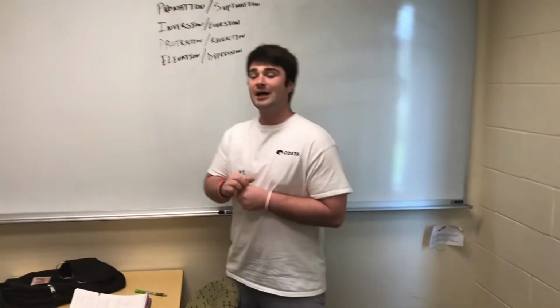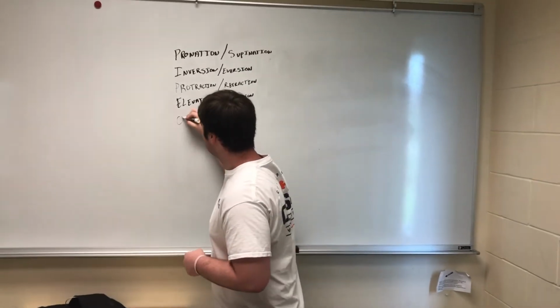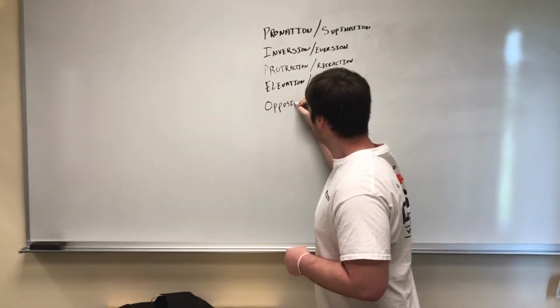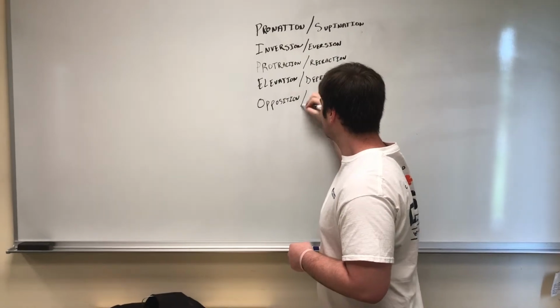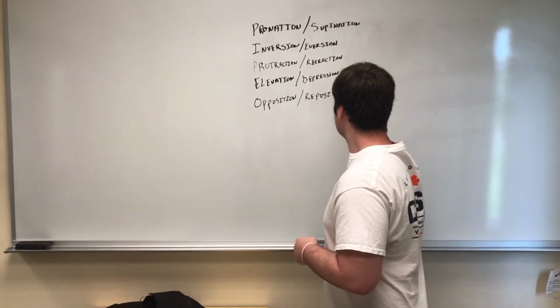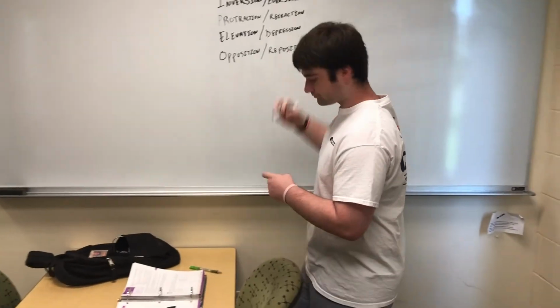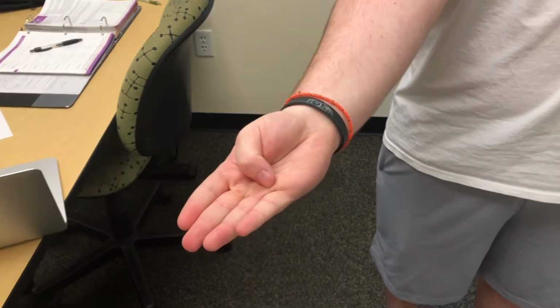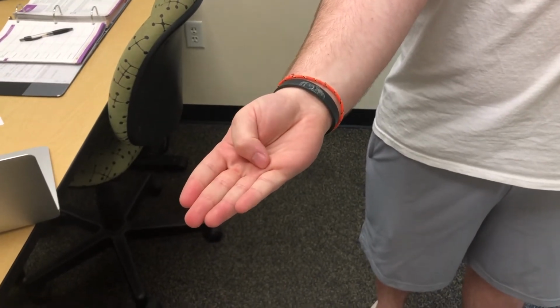The next one we have is opposition and reposition. This mainly happens at the thumb. Opposition, and then reposition. Opposition, reposition.